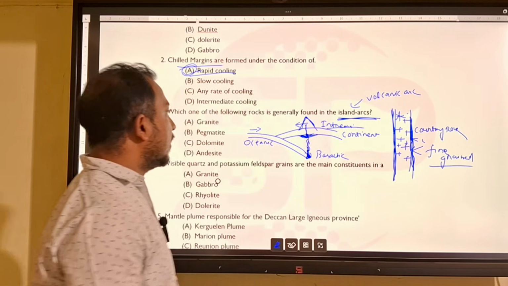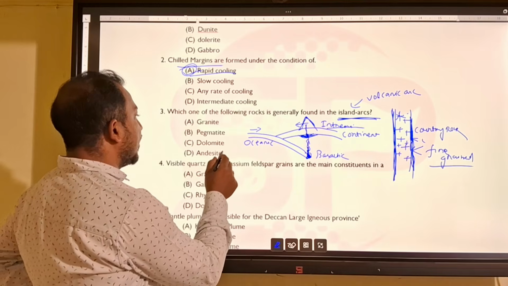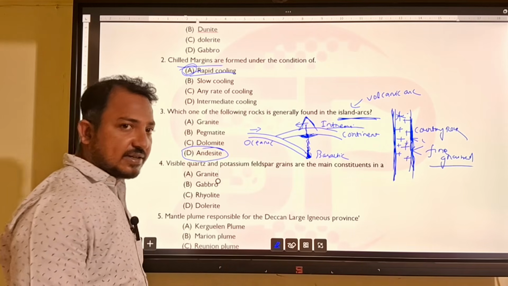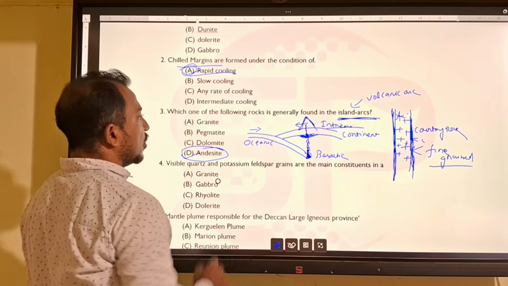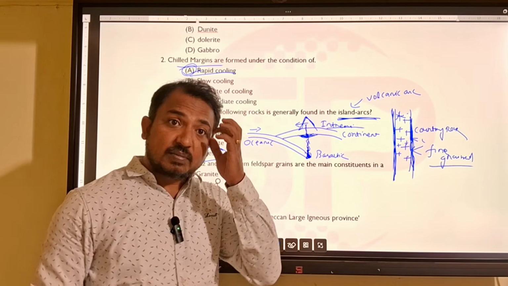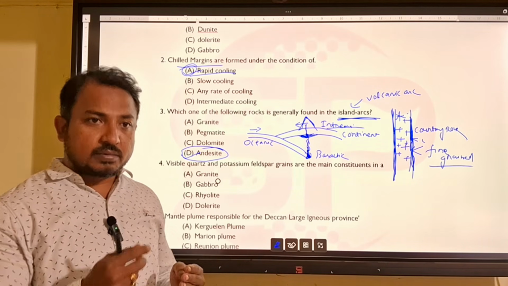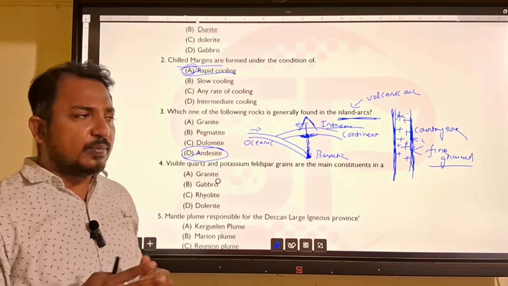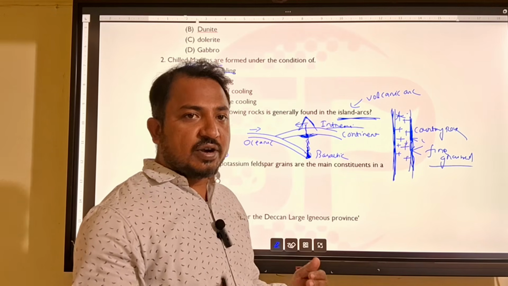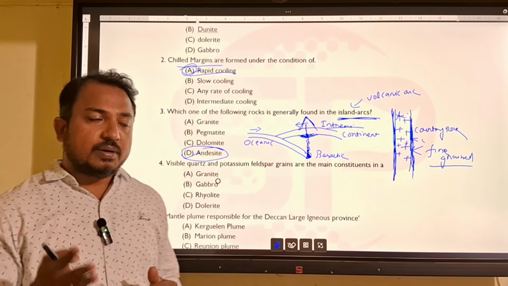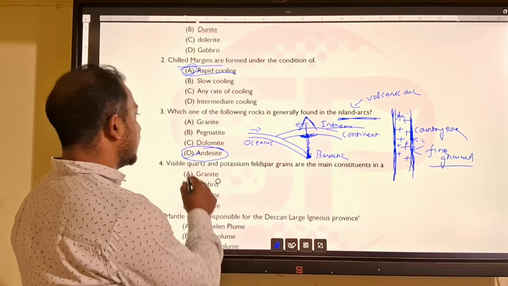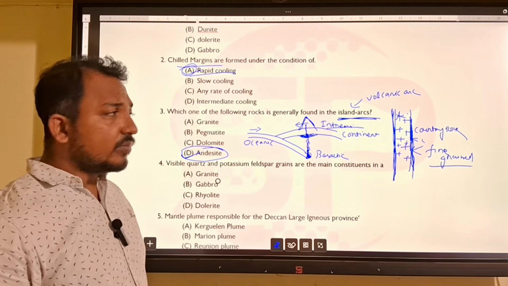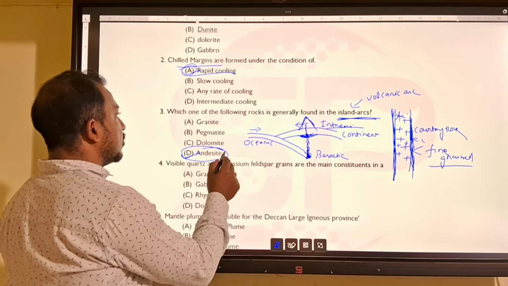Here intermediate is andesite. So always remember, during convergence of two plates, if oceanic and continental plates are involved, they produce magma which is intermediate. That magma is called andesite, which is a typical rock of a convergent plate margin. So the answer will be andesite.